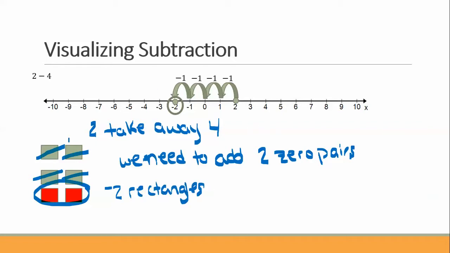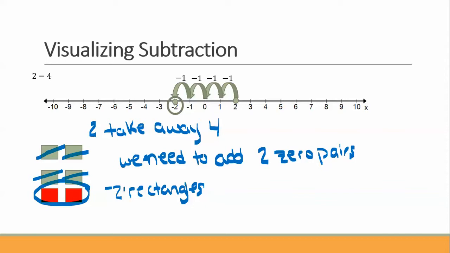I stress learning one of these 2 methods for visualizing subtraction so that you see what's going on when we're adding and subtracting negative numbers. That way you're not trying to memorize the different procedures. You're understanding why when we have different numbers we're subtracting and different numbers we're adding.